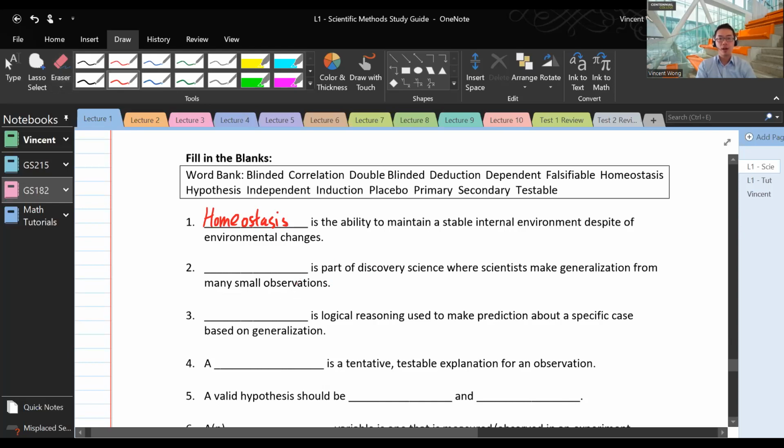Okay, so you're going from little observations to a general statement. That is induction. This is to make predictions about a specific case based on generalization. This is deduction.